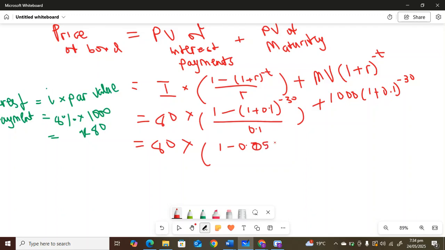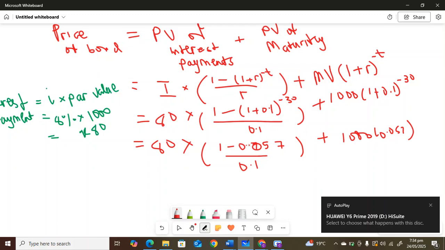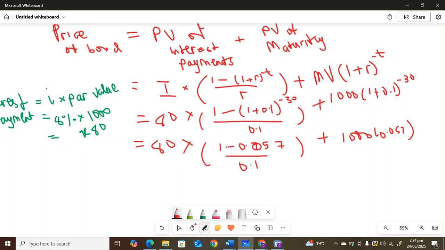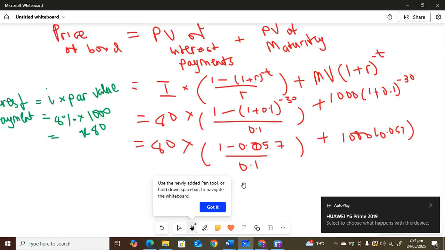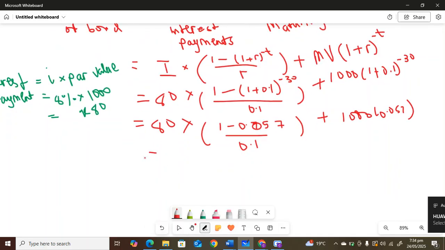So 1.1 to the power negative 30 gives us 0.057.